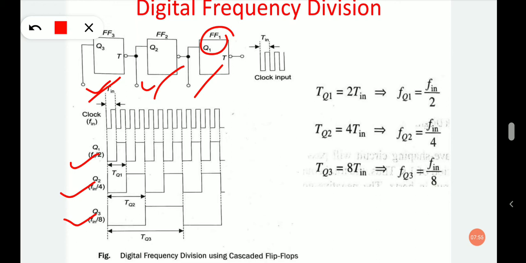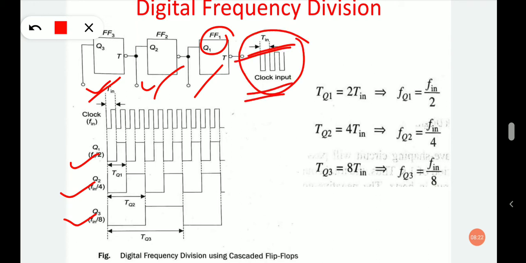From the figure we can say that every time 2 input pulses are applied. Here it is given T in, that is the clock input.